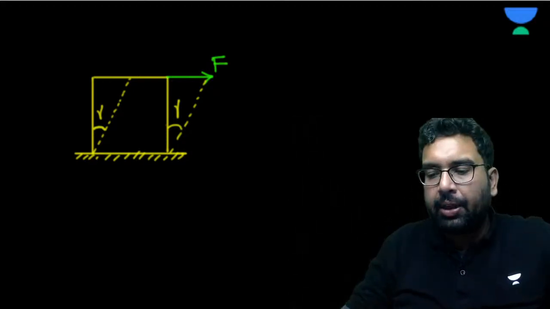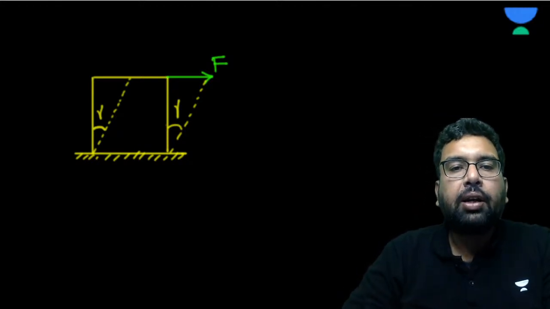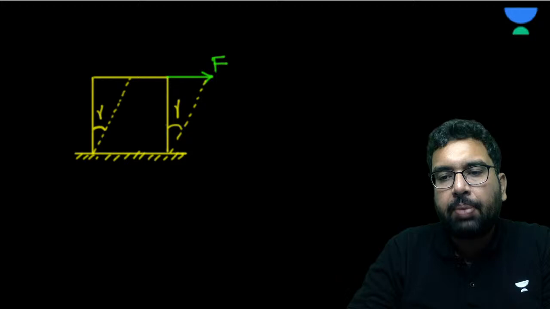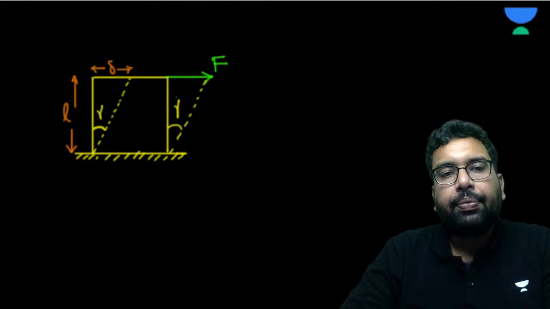That is why when a body is subjected to shear, it deforms. The change of shape happens like this, and this is L, and this is delta.